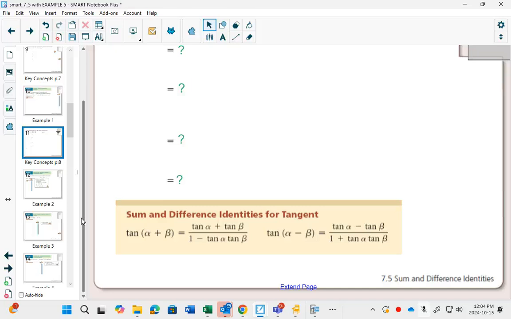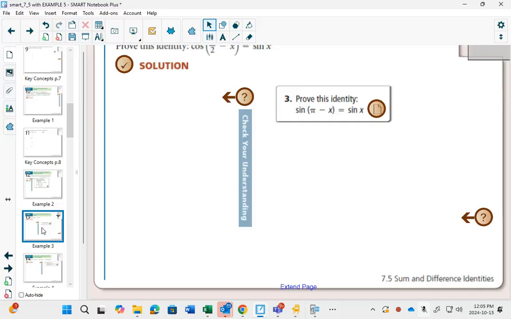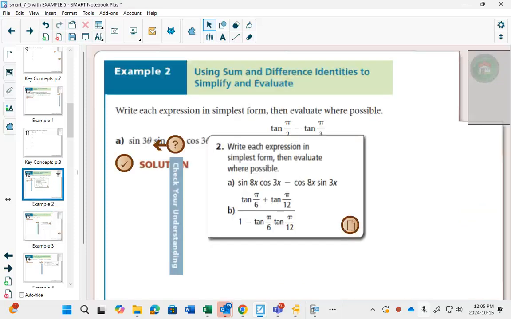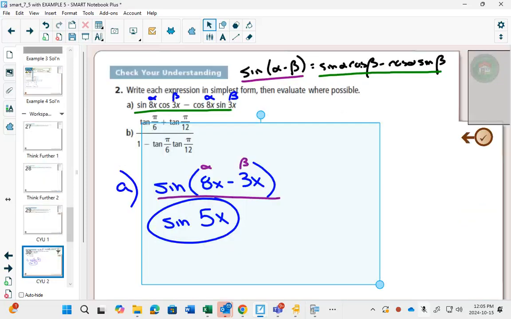That's the mostly memorized form. I'm like, ooh, there's fractions with a whole bunch of tangents. I should check my formula sheet. So when we go to the question we were working on, example 2, we'll do that tomorrow.